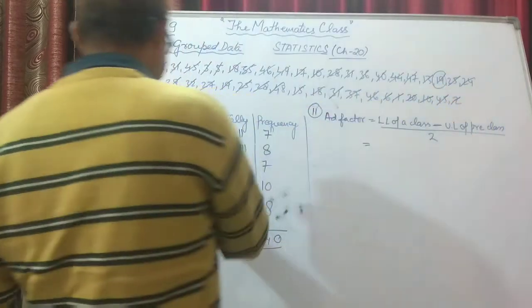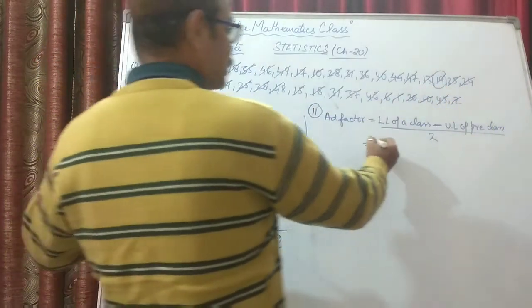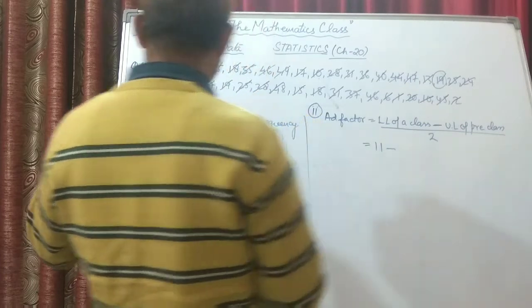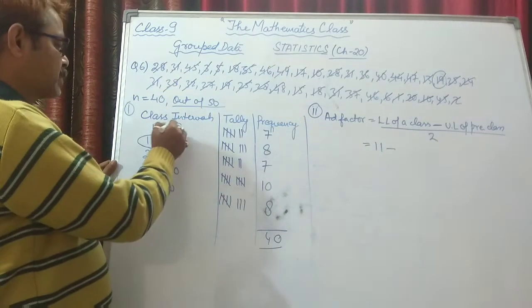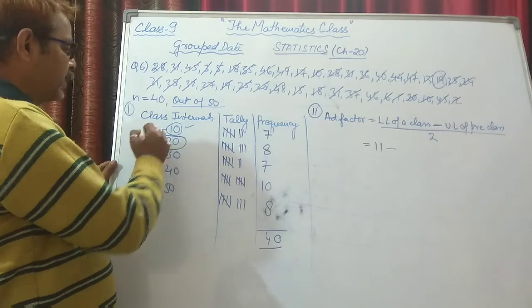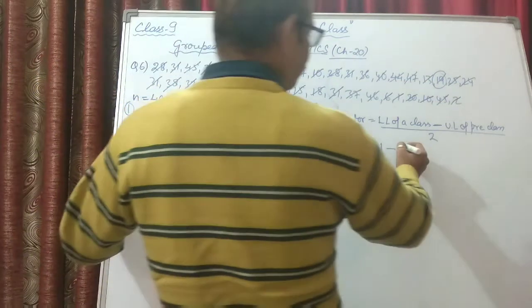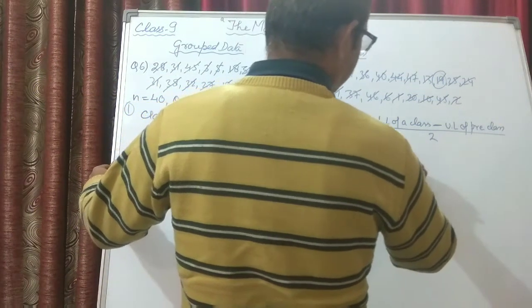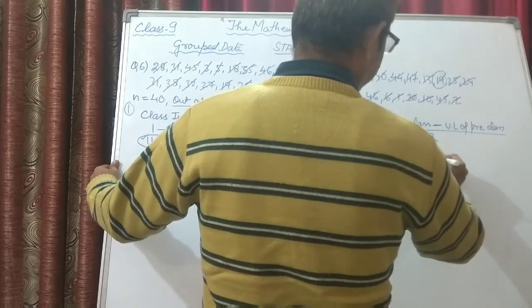When I am taking the second class, the lower limit is 11 and the upper limit of the previous class is 10. So 11 minus 10 upon 2, that is 1 upon 2, which is 0.5.